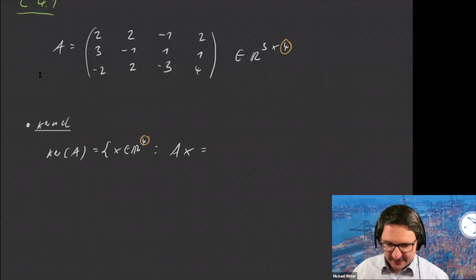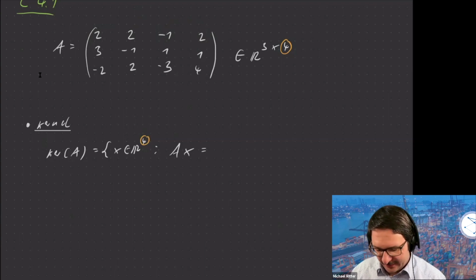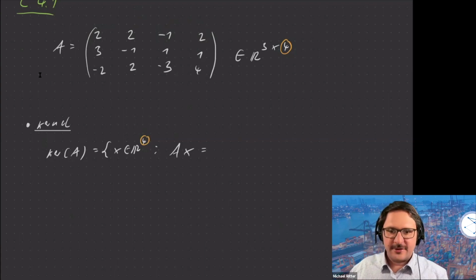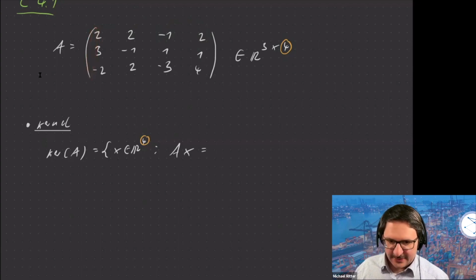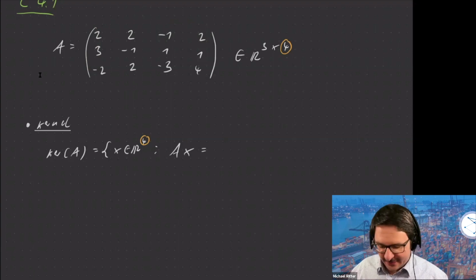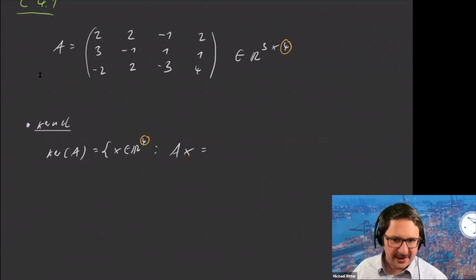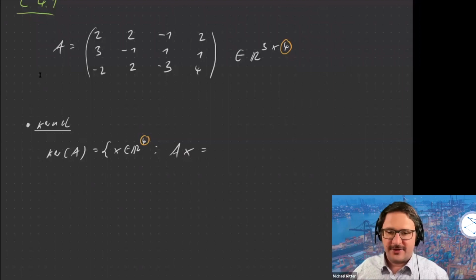And the result will be a matrix, the row number of which is determined by the row number of A. So we have 3 rows. And the column number is determined by the columns of the right-hand side. So x is a vector that has 1 column. So we'll have a 3 by 1 matrix as a result, so a vector with 3 entries.